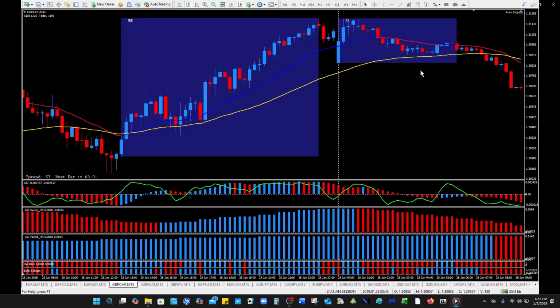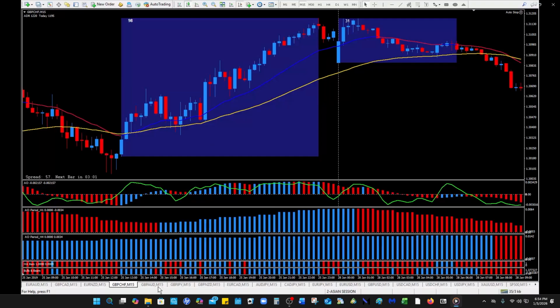Price all the time always comes back to the gold line. So we got to remember that. And remember, the gold line is the 50 EMA, and it's a custom indicator, by the way. It's not the same as the regular 50 moving average.